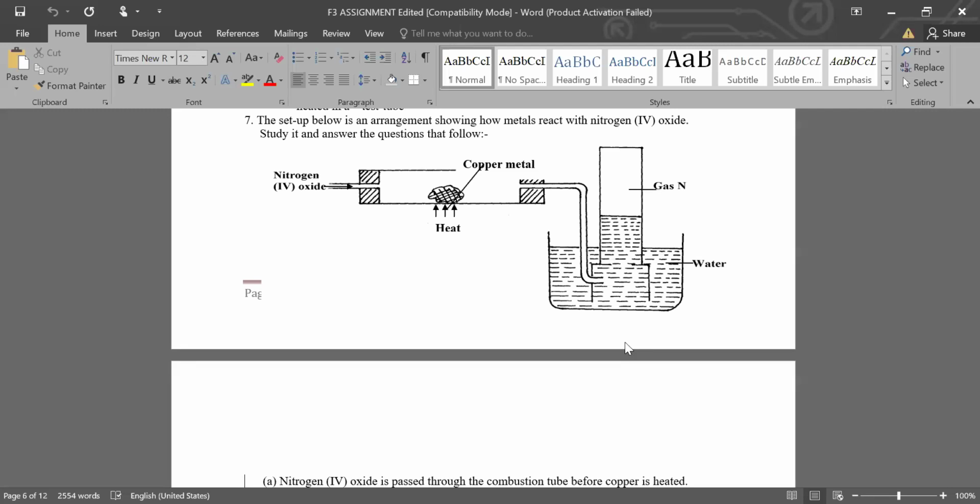In that equation, we can see that nitrogen 4 oxide is acting as an oxidizing agent. It oxidizes the copper to copper 2 oxide. So in the setup, the gas that is being collected is nitrogen gas.